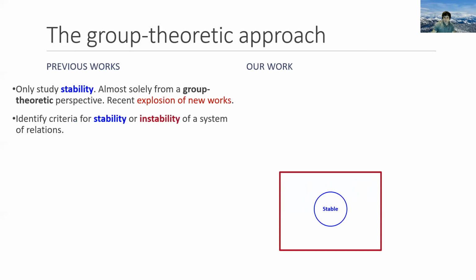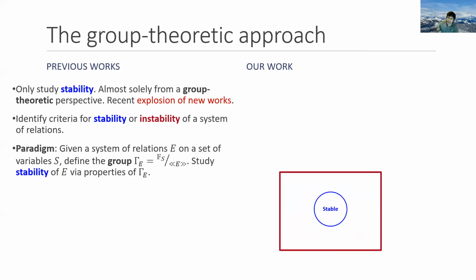Now, most of these works describe certain criteria by which one can determine whether a system of relations is stable or not. So they try to place different systems of relations in this Venn diagram, either inside the circle or outside of it. Now, the main paradigm in all of these works is to study the testability of a system of relations E by associating E with a certain group.